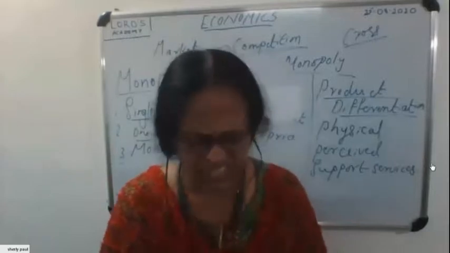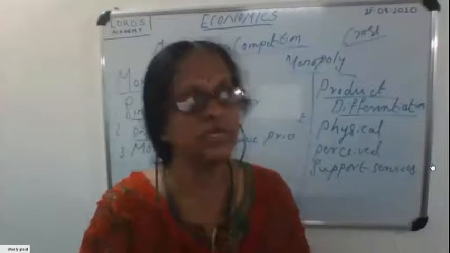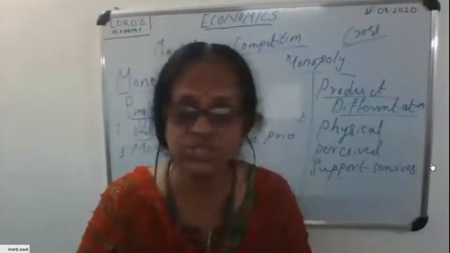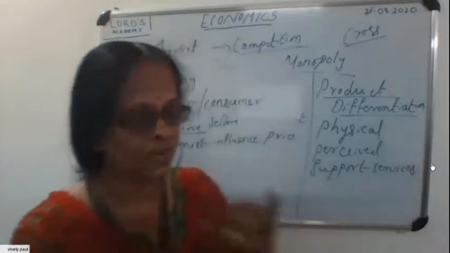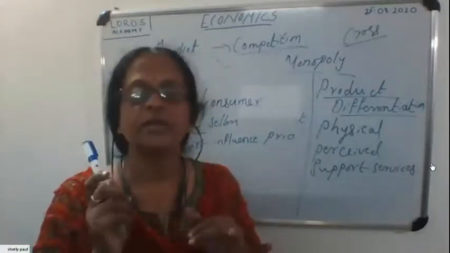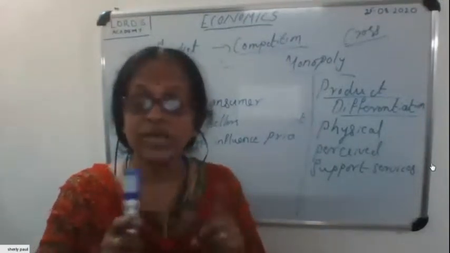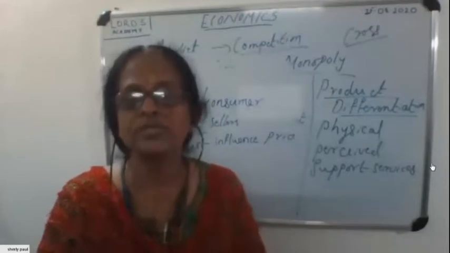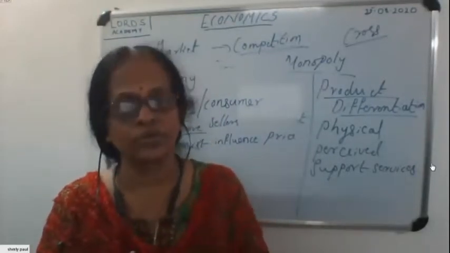Clear. Here we come to the end of this chapter. Then, just to revise the parts about alternative market structures. What are the things you studied? What do you mean by market, the main characteristics of a market, and the various classifications of market on the basis of competition, that is perfect competition and imperfect competition.